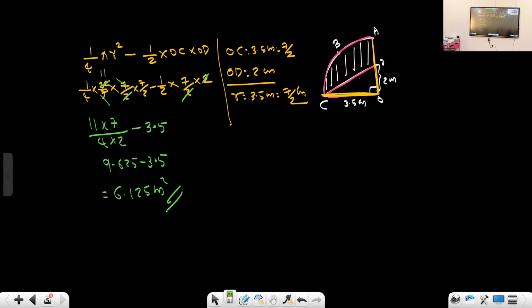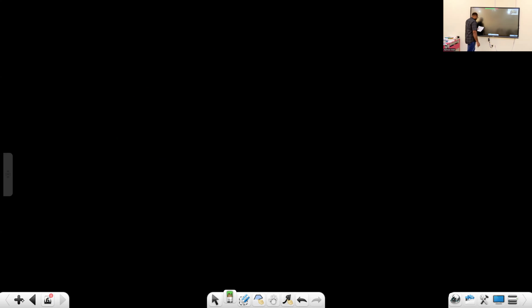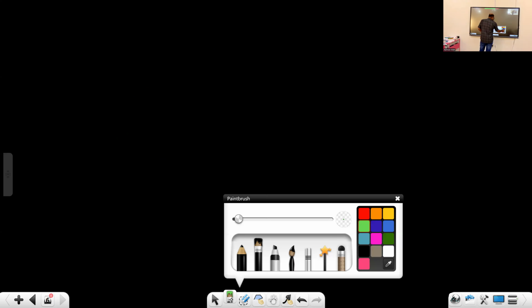14th one. A square OABC is inscribed in a quadrant OPBQ. See the diagram, copy the diagram. Quadrant is the quadrant. There is a quadrant.